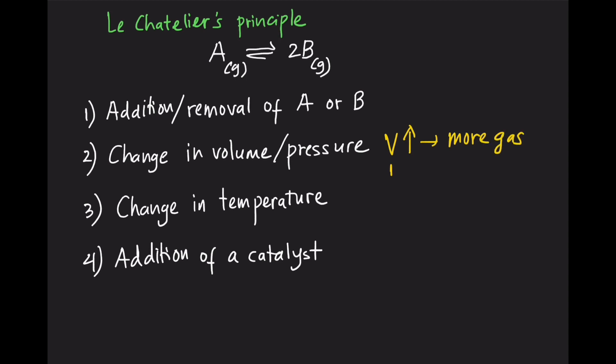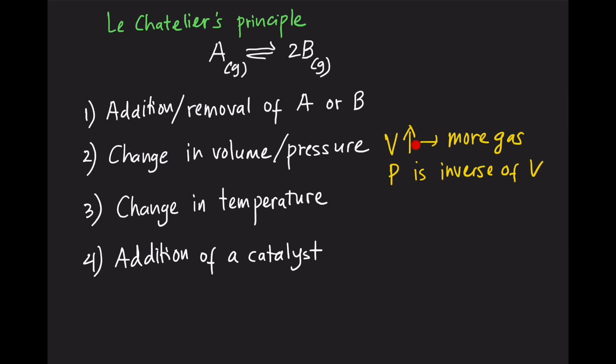And pressure normally is the inverse of the volume, meaning that in this reaction, if we increase the volume, the reaction will shift to the right towards the one with more gas, because here you have two molecules of gas, and here we only have one gas of A.